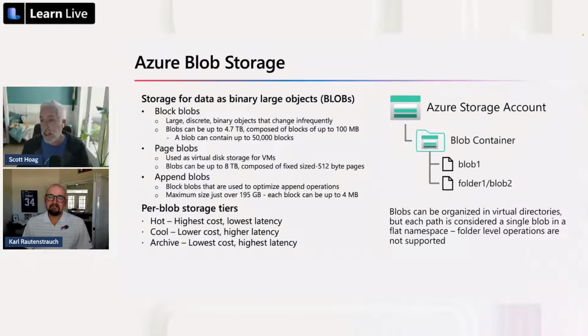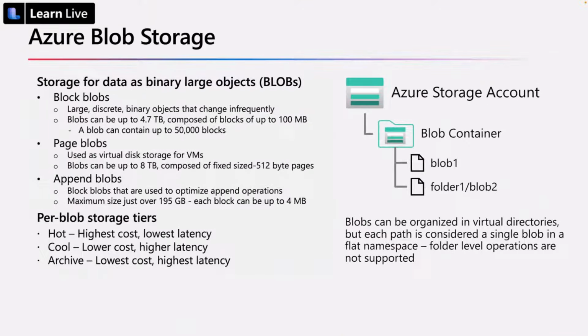Blob storage in general offers a couple of different types of blobs. Blobs are binary large objects. So anytime that you upload an object to your storage account over that Blob API and that REST endpoint, it can be a block blob. So think basically any kind of unstructured data that's comprised of one or more blocks of data.